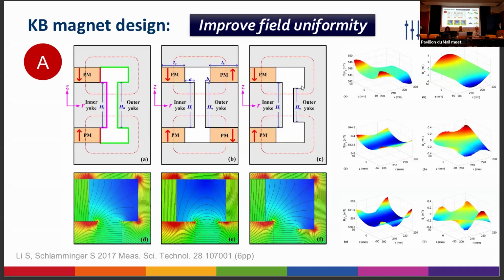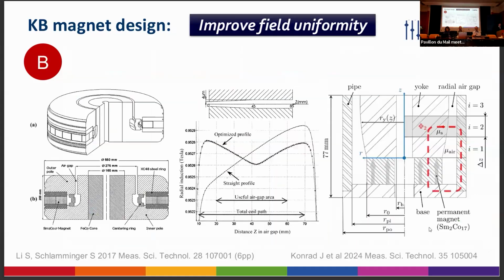And also, if you lower the outer yoke, it can compensate also, right? As you see, this is the magnetic field from a simulation. The first one is the normal BIPM type. This one is with additional PM pairs, and this one is just lowering the outer yoke. It significantly improved the flatness.